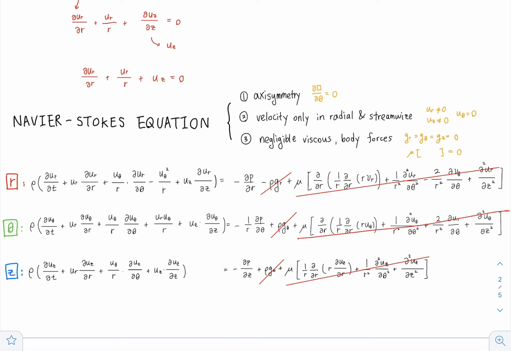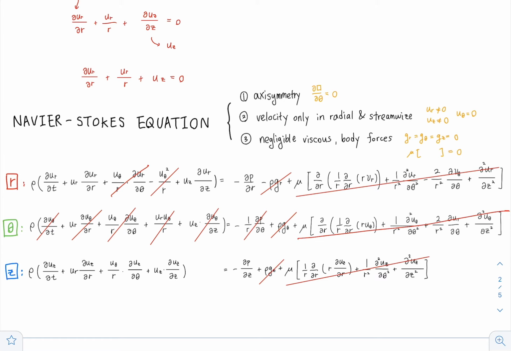And if you look at the theta component, as I said, u_θ is 0, so anything related to ∂/∂θ or u_θ is going to go to 0. So this guy is going to go to 0, this guy, this one, this 0, 0, 0, 0, and 0.